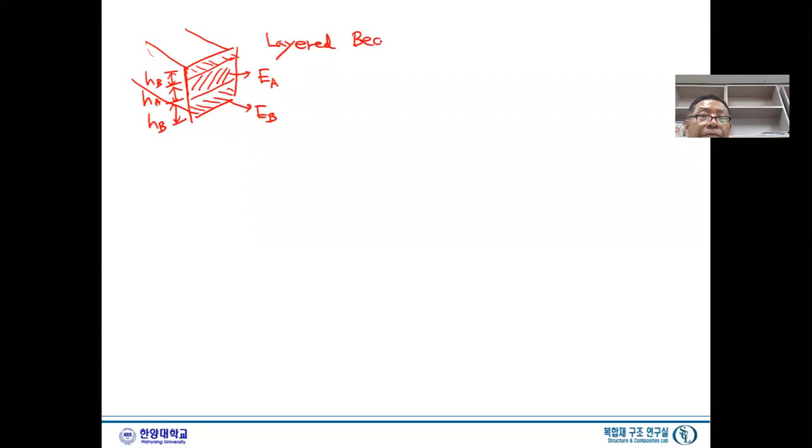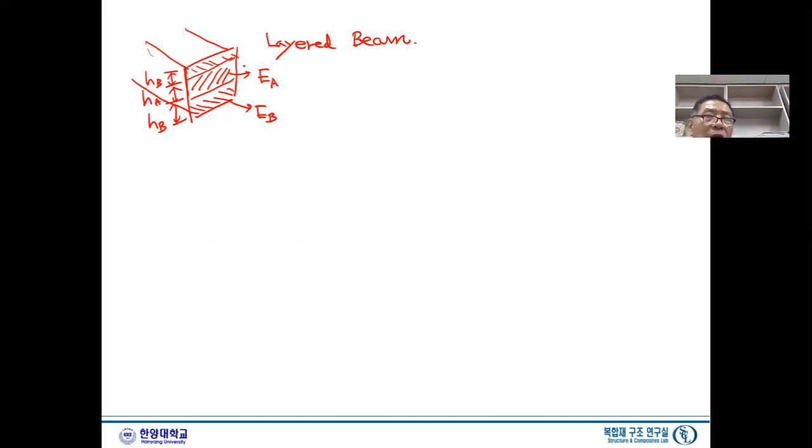The point here is the layered beam, where we have a combined section which has a combination of materials. The theory we're going to derive can be easily applied to many multi-layer cases.